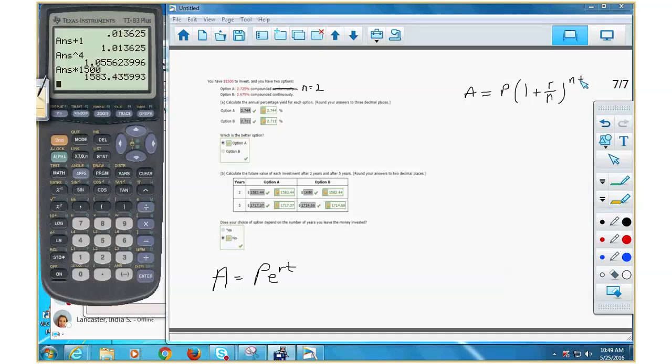So we could take that one right there, 1.03625, and we're going to raise that to the 10th power and multiply that by 1,500. And that's equal to 1717.37. So you need to write that down. That's compounded semi-annually for 5 years.